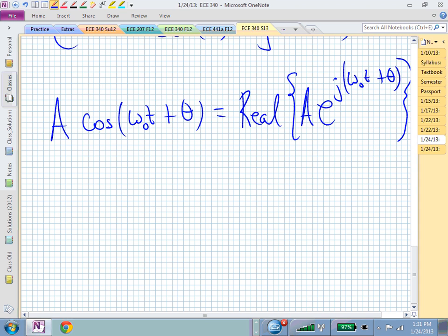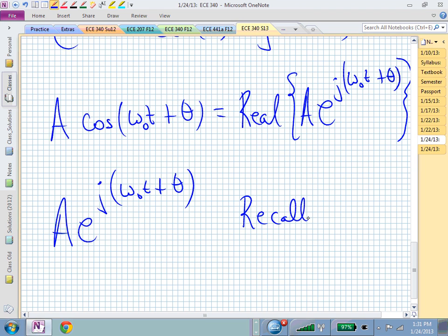And what we're going to be doing is thinking about this Ae, because actually these complex exponentials are much easier to play with than sines and cosines. We now want to be able to play with this complex exponential, and you could just think of this as a rotating phasor.